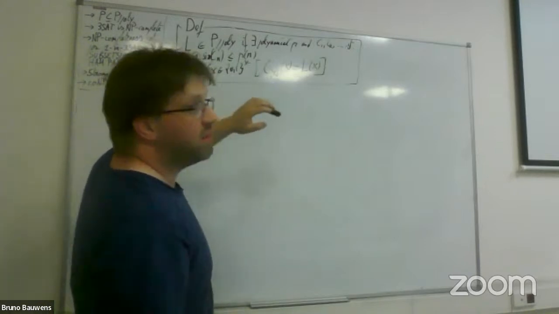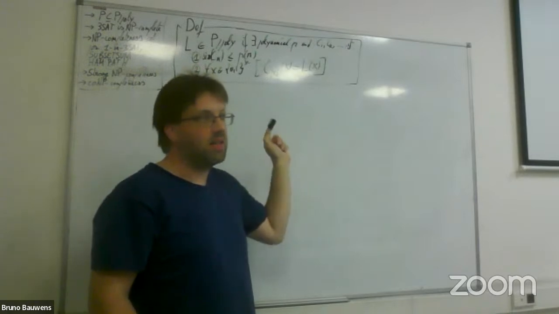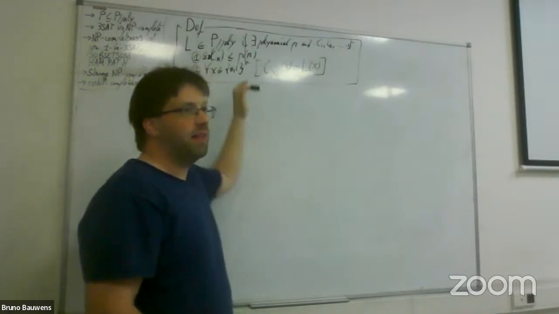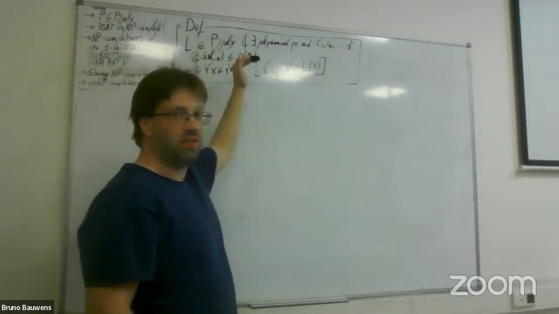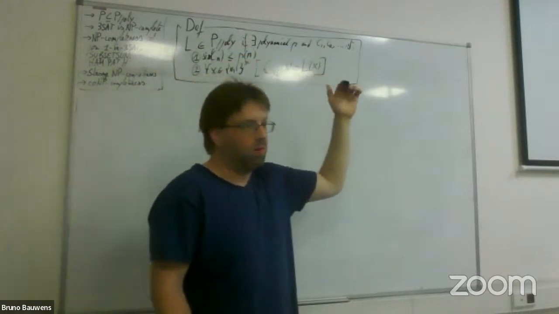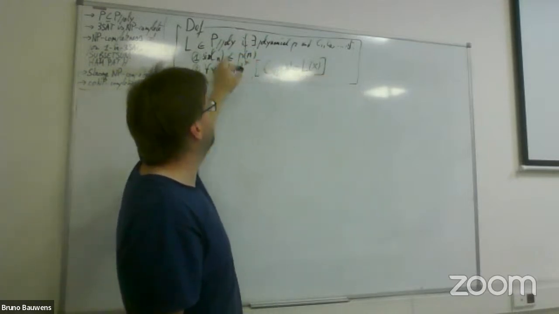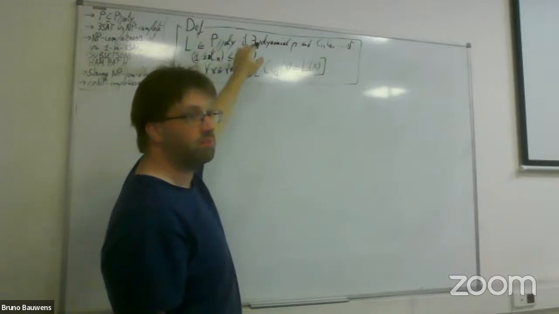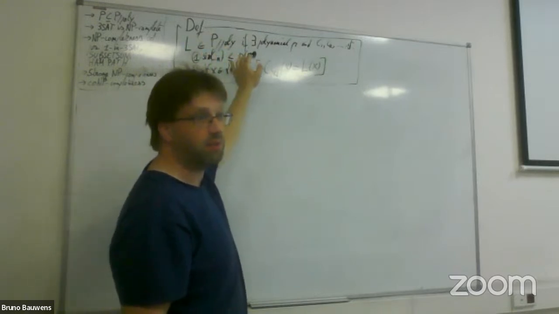Okay, and there was an exercise in the last seminar, and it says that this class has another equivalent definition. It is problems decidable with polynomial advice, and the name comes from this definition. What does it mean?